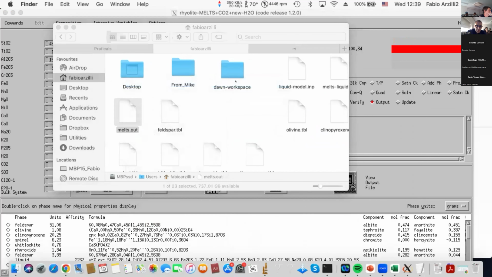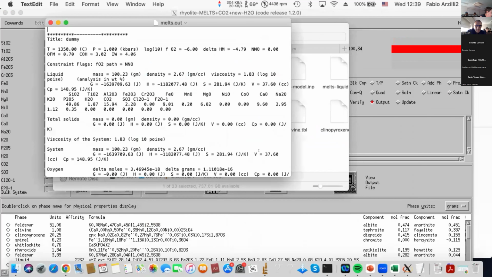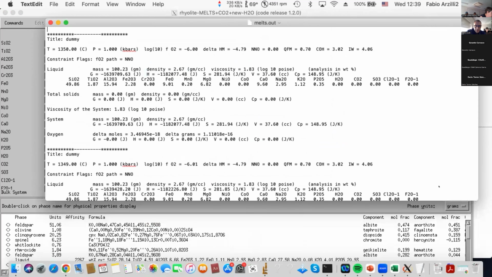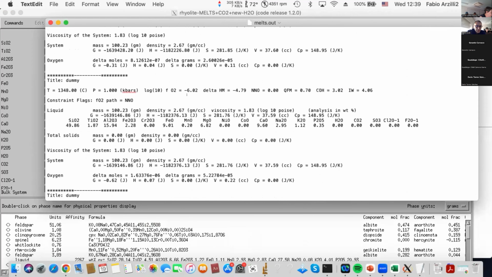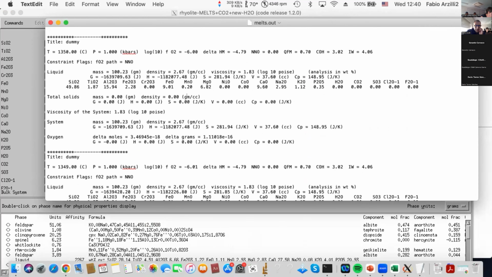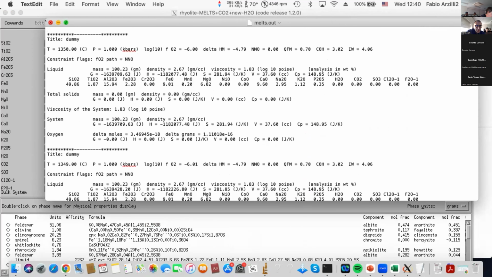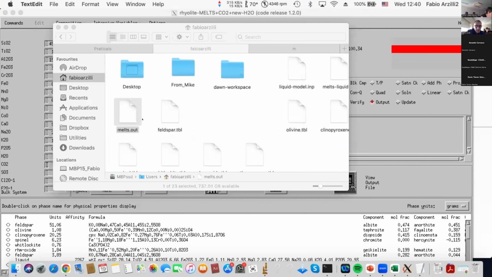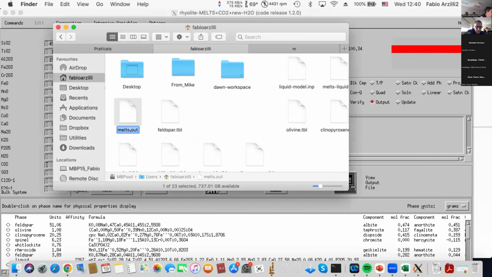We can open. We can actually save it. This we can call it buzz equilibrium crest. Okay, this is a buzz.